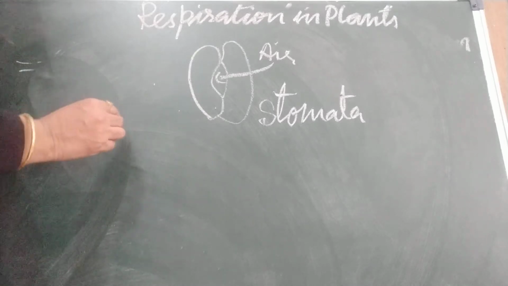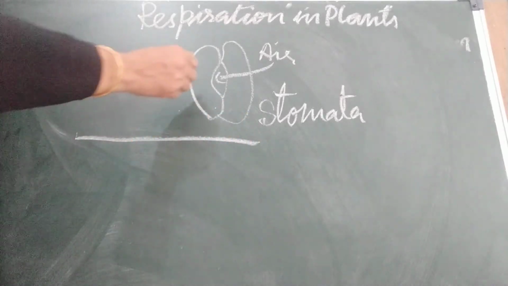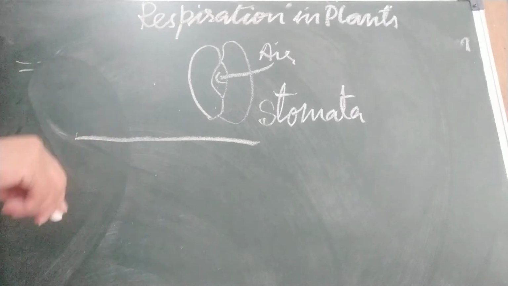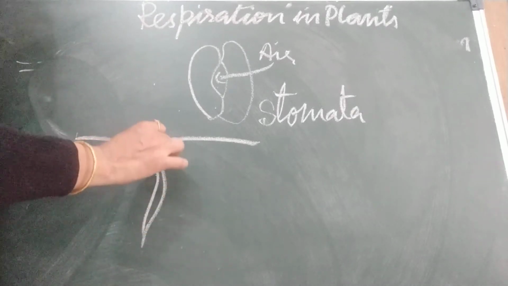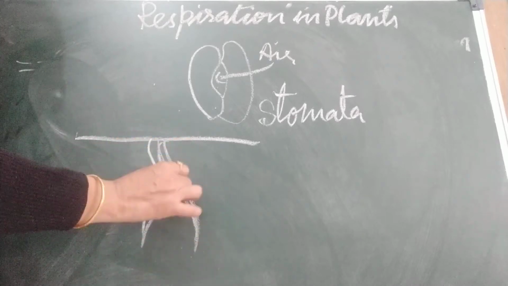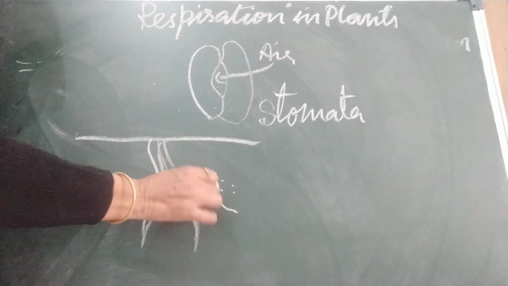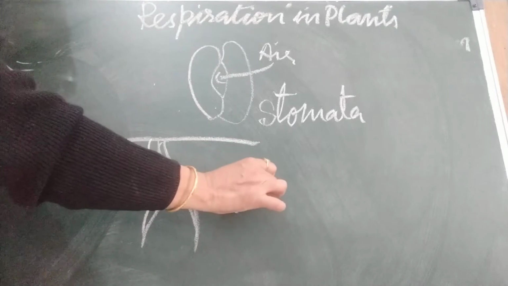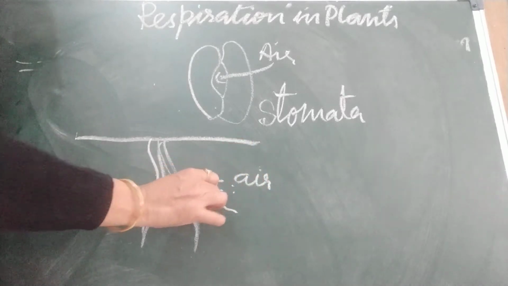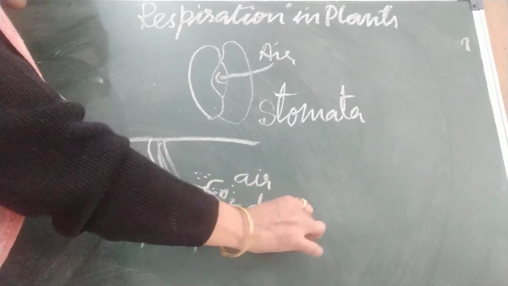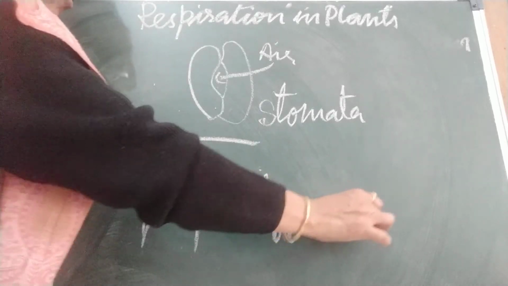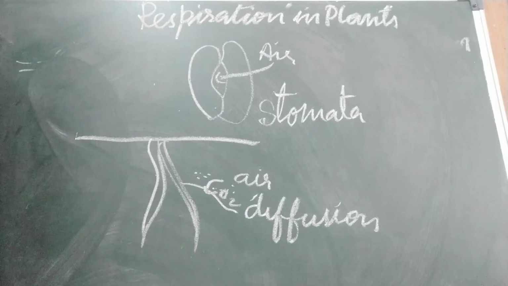Roots, children, also respire, because the plant cannot give air to the root. The roots take the air that is there in the soil directly by the process of diffusion, like amoeba. So roots buried in the soil require oxygen for the plant to survive.